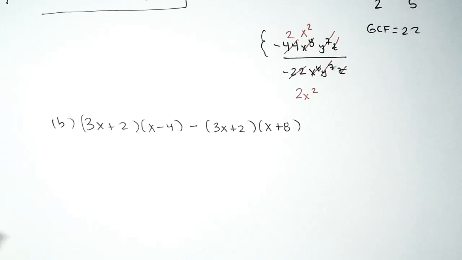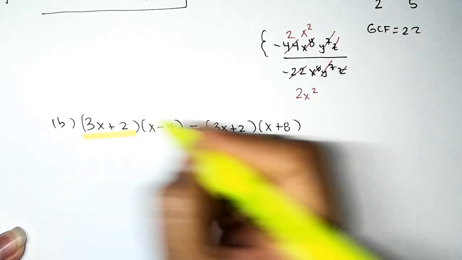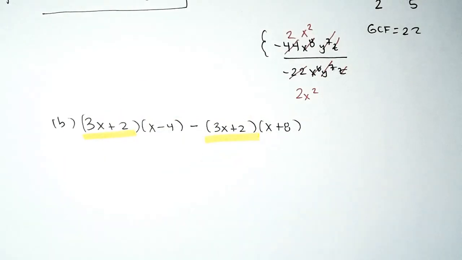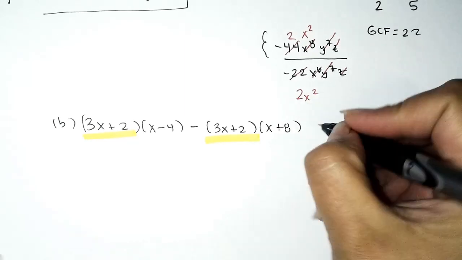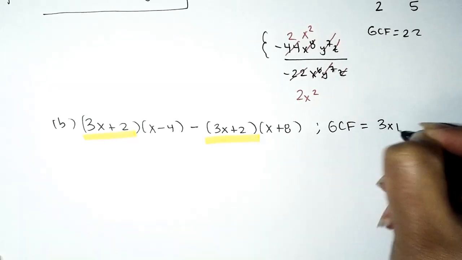But I'm going to go against my normal train of thought. I want to point out that the products have a common binomial factor of 3x plus 2. So in this case, our greatest common factor is going to be that binomial. So I'm going to say GCF is given by 3x plus 2.